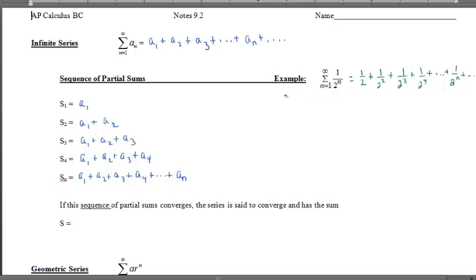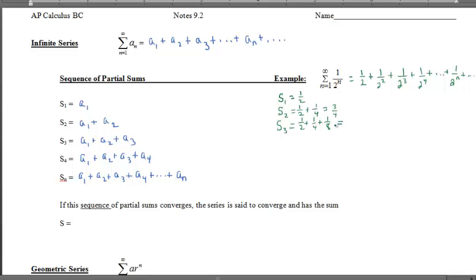Now let's look at this sequence of partial sums. We have to find the partial sums first. S sub 1 is 1/2. Then let's add 1/2 and 1/4, which is going to be 3/4. The third partial sum would have us adding the first three terms, so 1/2 plus 1/4 plus 1/8.